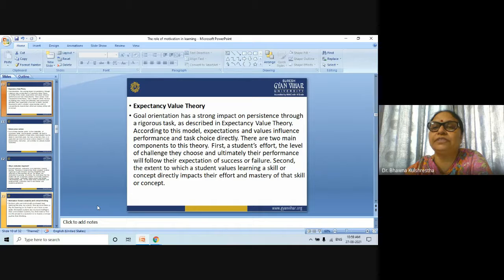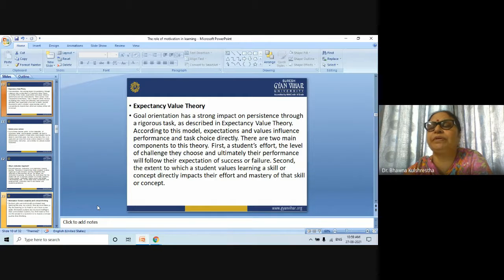These beliefs, goals, and memories are also affected by a student's beliefs of other people's attitudes and expectations towards them, and by their own interpretations of their previous achievement outcomes.